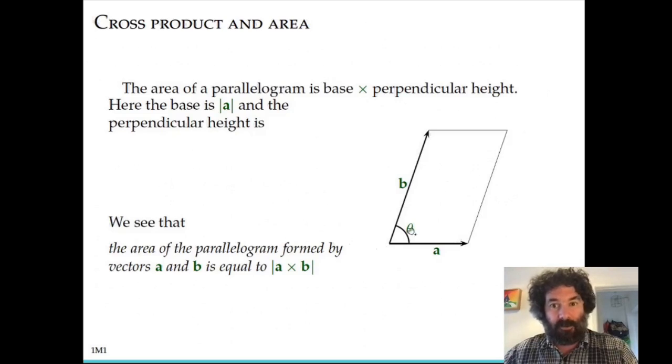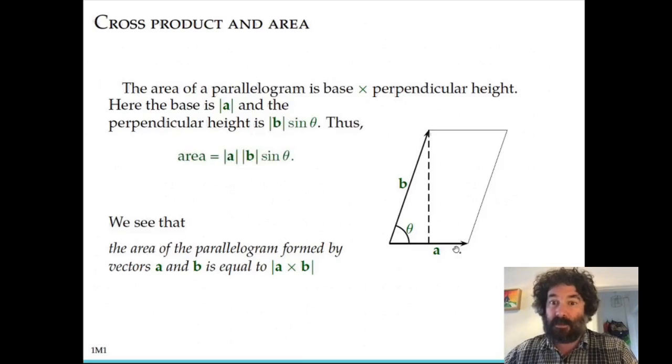And so the base, in the way we've drawn it, would be the length of a, the modulus of a. Then the height is the perpendicular height above a, so we take this dotted line, which is perpendicular to the vector a, and the length of that line up to the top of the parallelogram is the height. The area of the parallelogram is equal to the base times the perpendicular height.